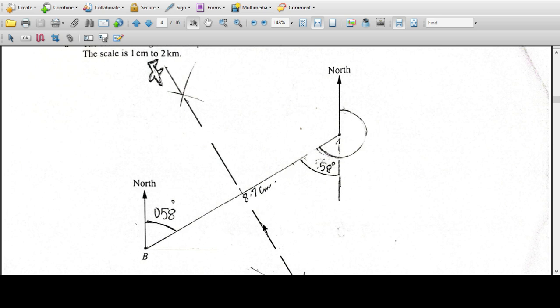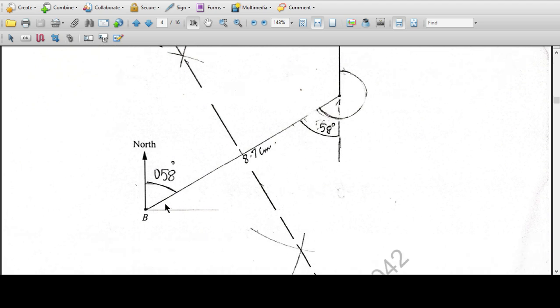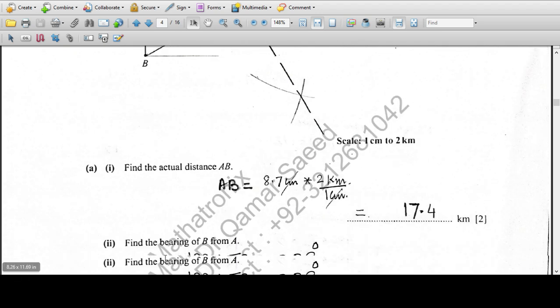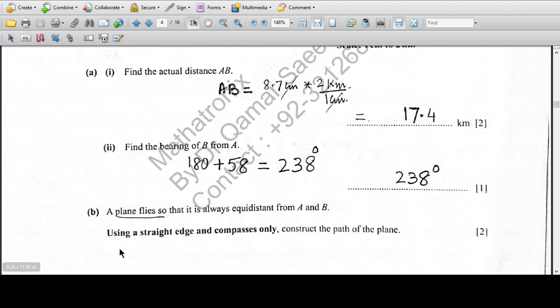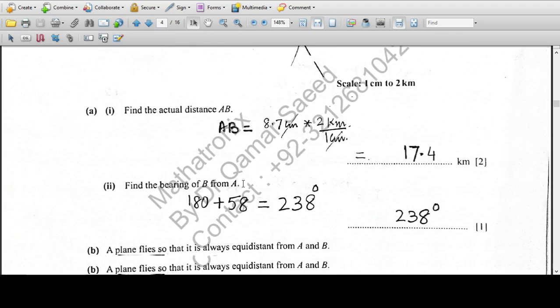If the plane is here, the distance will always be equal from A and B. Similarly, if the plane is here, the distance is always equal. So this is simply a locus type question. So this is question number 6.